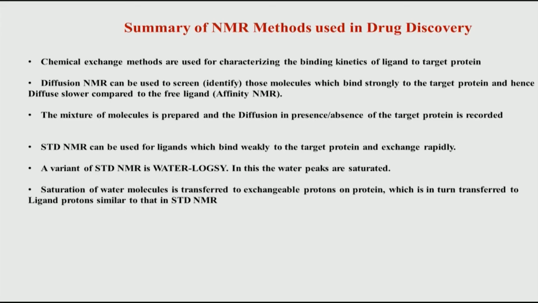But here the part of the system which is saturated is not the protein peak, but the water as such, because water signals are very clearly visible. You can saturate on water, and that will communicate to the amide protons and further to the ligand, similar to what we see in STD. So, those atoms on the ligand which are reduced in intensity will be the ones which are binding to the protein.